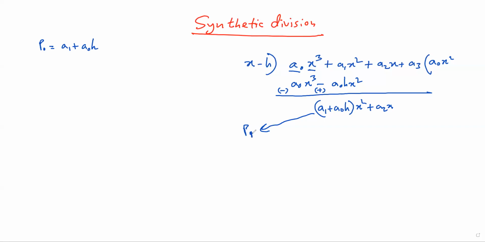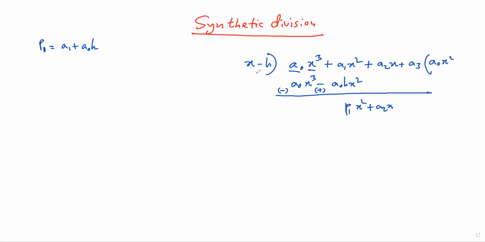Okay, let's call it p1. I think that would make more sense. So let's just replace this entirely by p1. All we are doing is replacing this with a shorter name, nothing else.